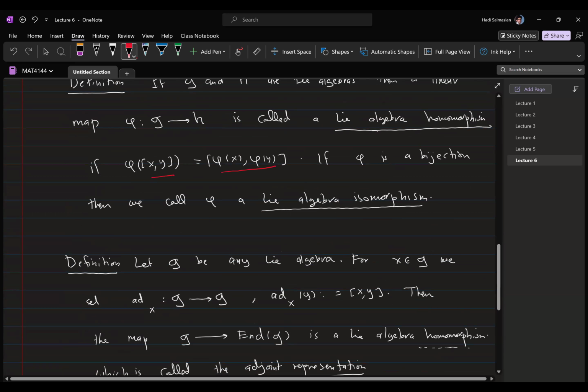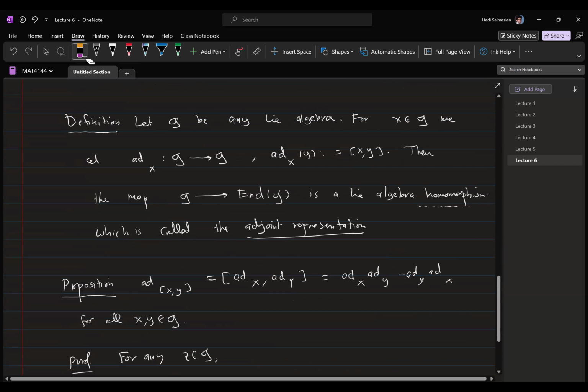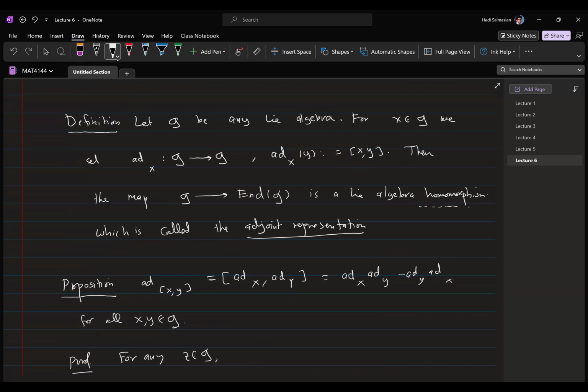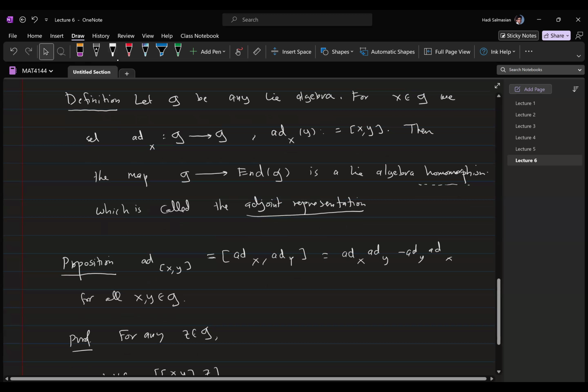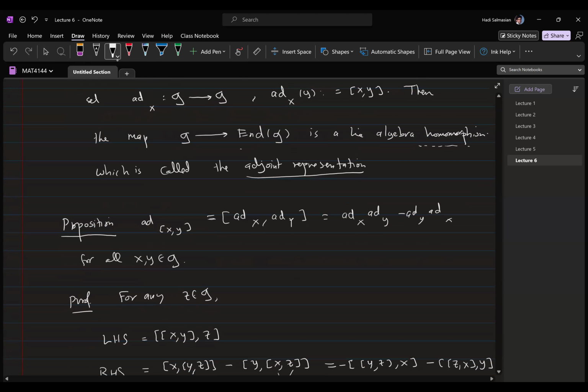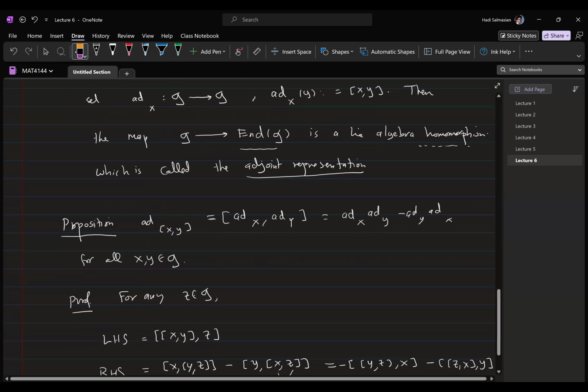Right. But when I get the adjoint representation, I have to make End G a Lie algebra first. And the way that I make it is that I impose the usual commutator coming from the associative algebra structure. Okay, but this a priori is not a Lie algebra. It's just an associative algebra, but it can be made into a Lie algebra.